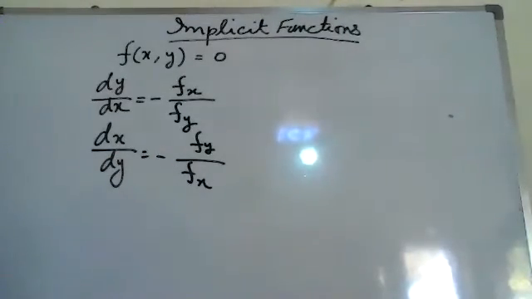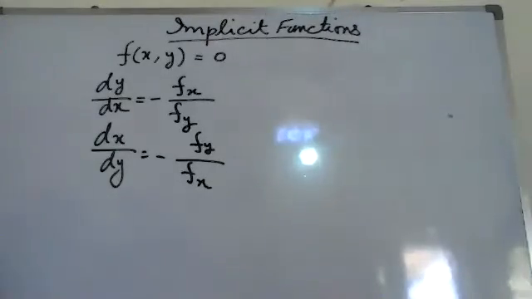This is the way to find the partial derivative of the implicit function, and it is easier than the previous method we learned in the calculus and analytical geometry course. We are doing the same exercise, 14.4, questions 25 to 28.